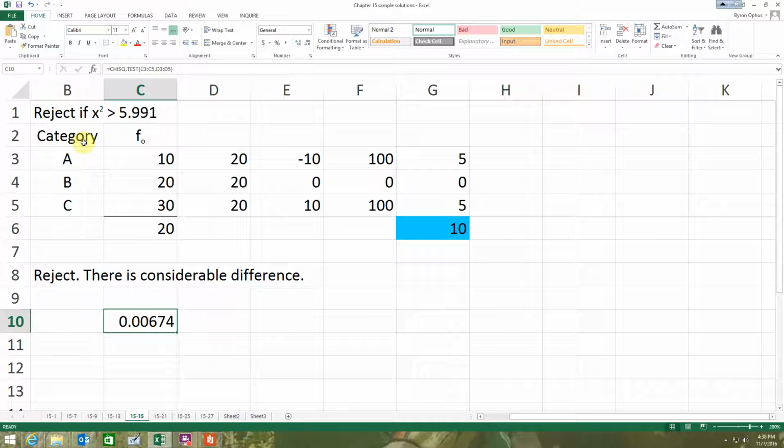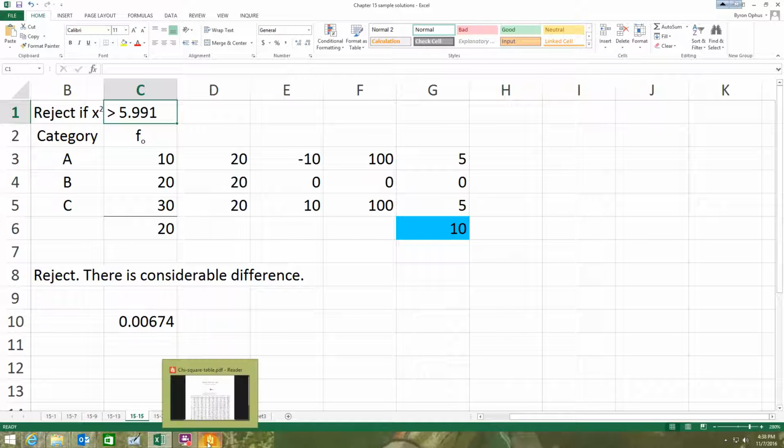Okay, and then we have to compute the value of chi-squared, and then we have to give our decision. So first we got to look up what our critical value is, and for chi-square there's a separate table. It's on page 738, I believe. Well, that's what it was on the one before, but in this case we have 3, and they're called categories, right?